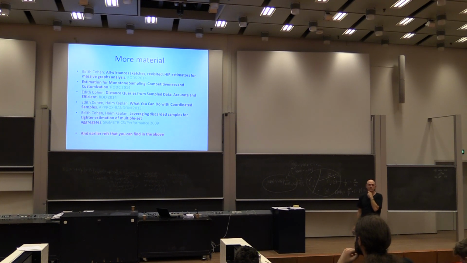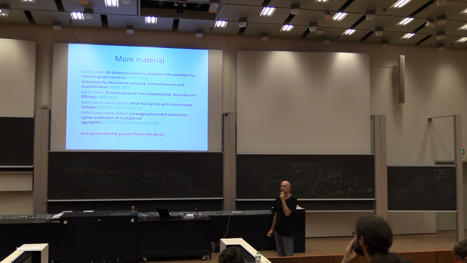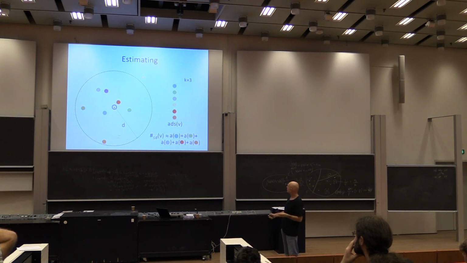Any questions? You just showed us how to estimate the size of a particular ball which had a radius d, but I didn't understand how d entered into your calculation. D doesn't. D comes in at query time. When I do the sampling, D gets into my calculation as follows.